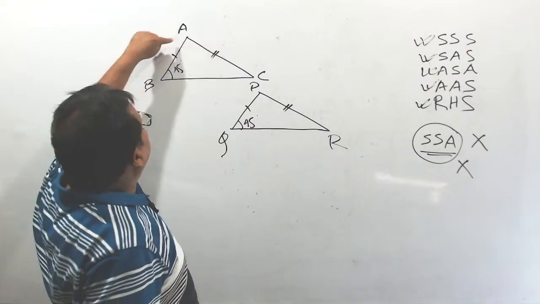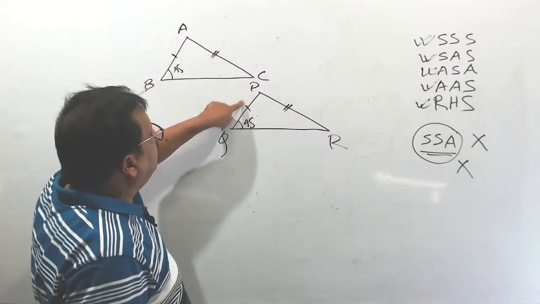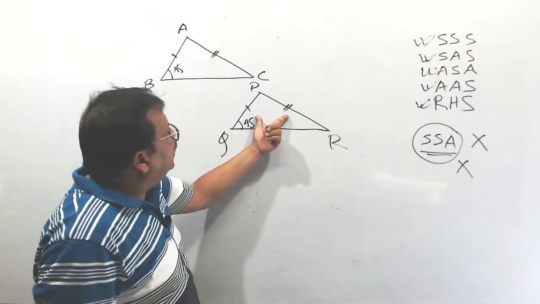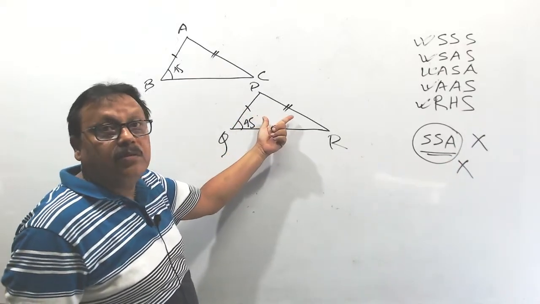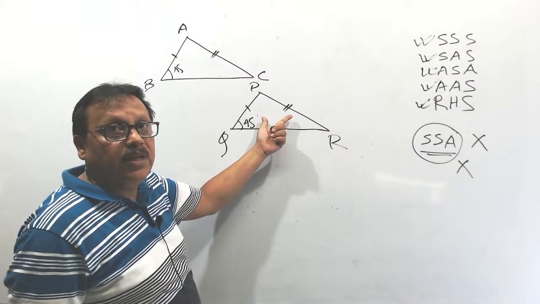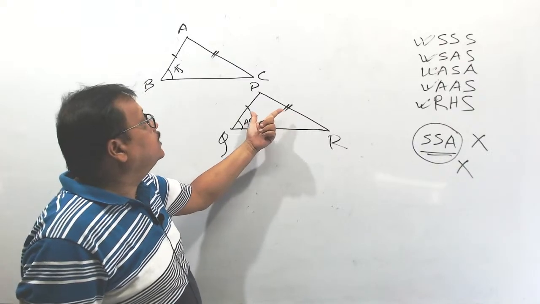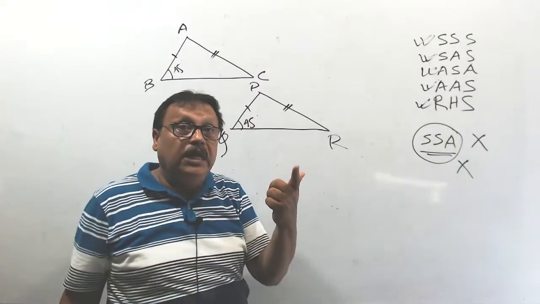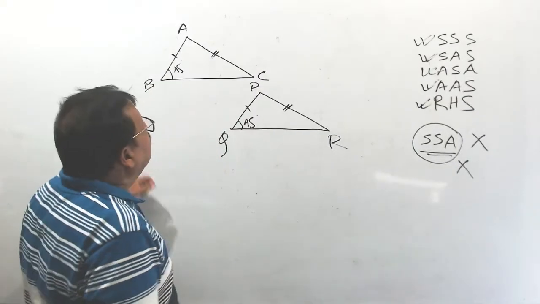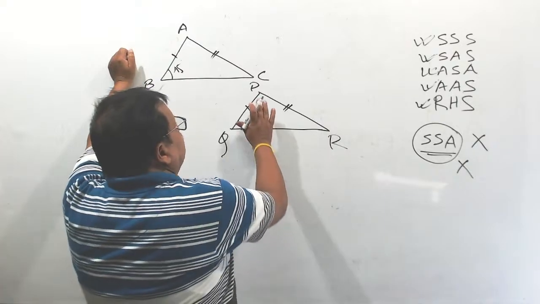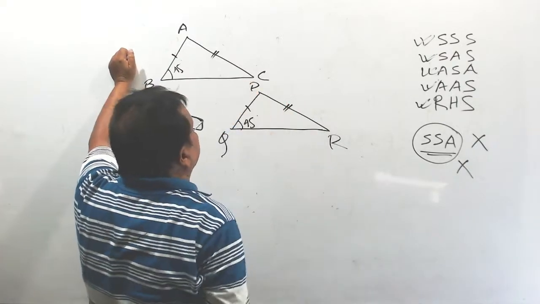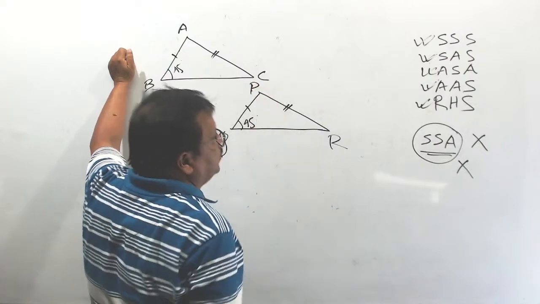So side, angle, side: both triangles look the same size, same shape and same size. That is, you can tell the two triangles are congruent. But keeping the same sides, say QR and BC are not mentioned.